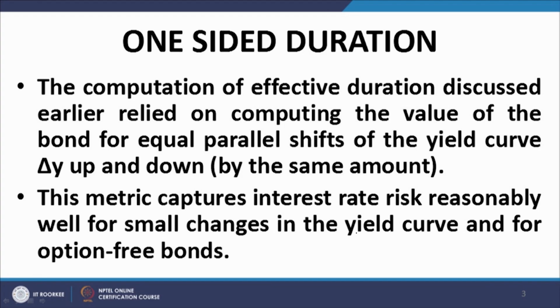This metric captures interest rate risk reasonably well for small changes in the yield curve and for option free bonds. So, as far as option free bonds are concerned, this is the appropriate measure, because in a sense it takes cognizance of both the possibilities, the YTM increasing and the YTM decreasing with equal chances.